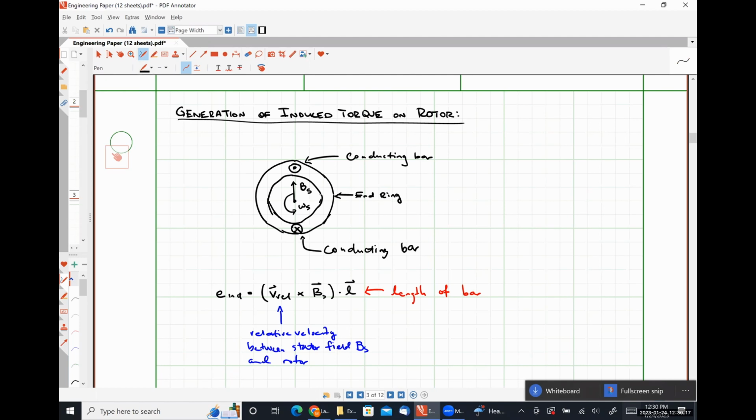We don't actually have to assume anything. Lenz's law tells us what direction our current is going to flow, right? So our current is going to flow in such a direction that the induced current will create a magnetic field that tries to keep the flux constant.